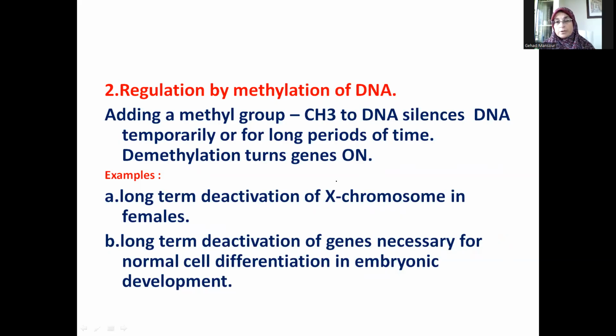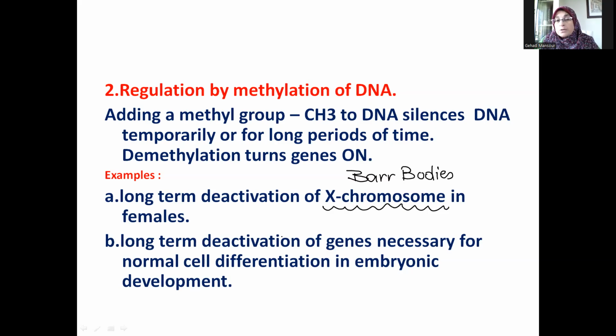For example, inactivation of one of the two X chromosomes in the somatic cell of a female. And in such a case, we obtain the bar bodies, which are condensed X chromosomes that are smaller in size and that are eccentric in the nucleus. This is permanent inactivation of the X chromosome.